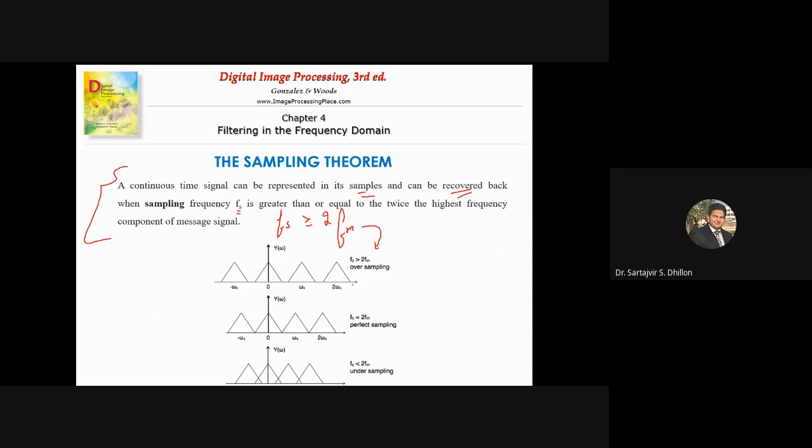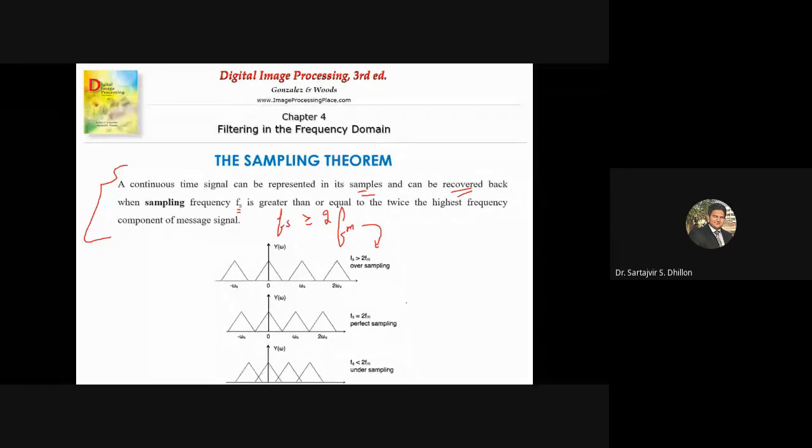But please note that in sampling, as we already know, there are three types of outputs we can expect: oversampling, perfect sampling, and undersampling. What is the difference between them? That is simple. The difference is all about the equation.